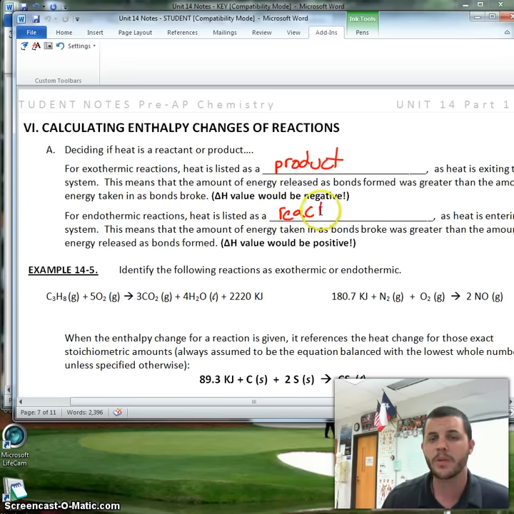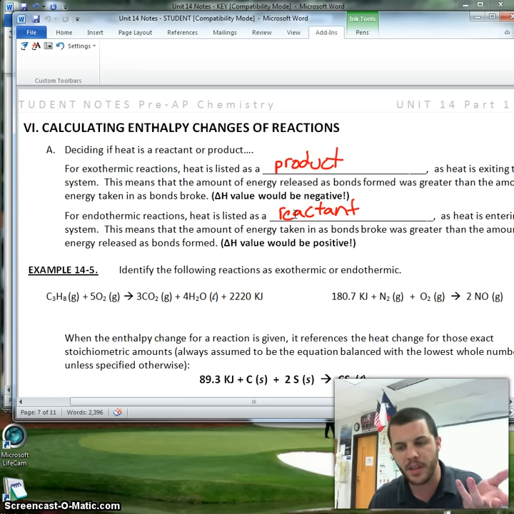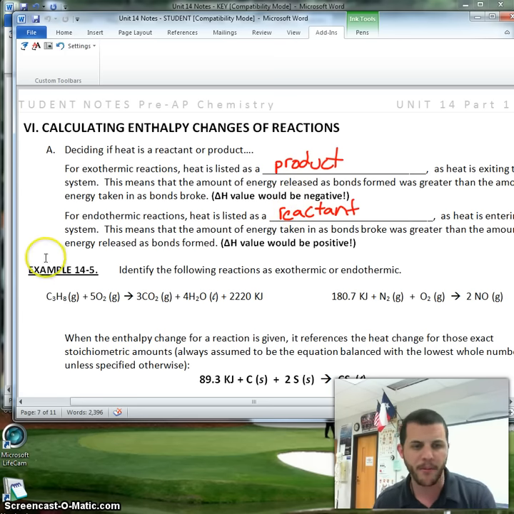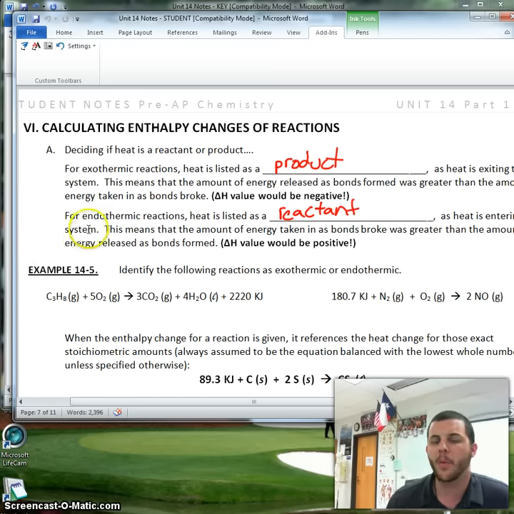So what we can do now is use this to figure out, if I've got this much of a substance and I do something with it, how much energy is lost or gained based on how much of a substance I have. If I look at example 14.5, it wants to know which one's endothermic and which one's exothermic.